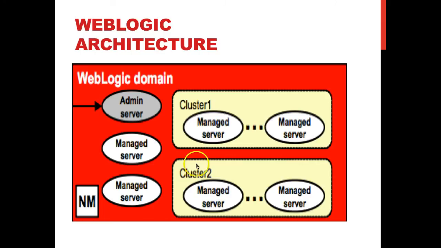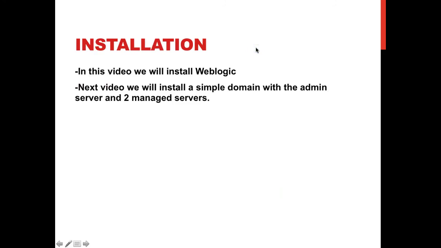I can tell you that there is no limit to how many applications or how many clusters of applications you have. This right here is the node manager. As far as the node manager, I'm going to talk to you all later about it. Okay, and I think that's all I have.